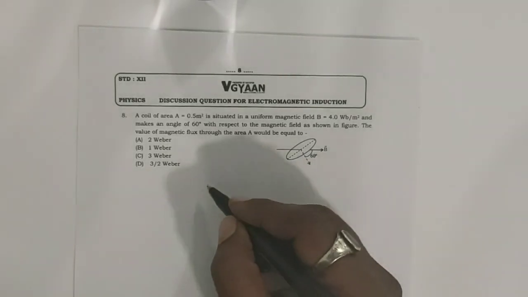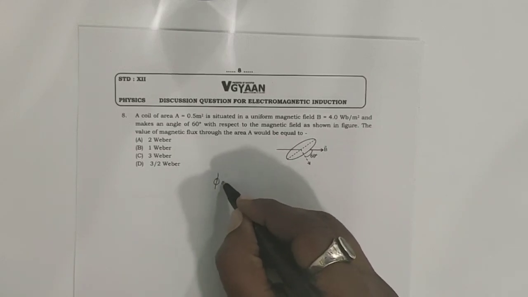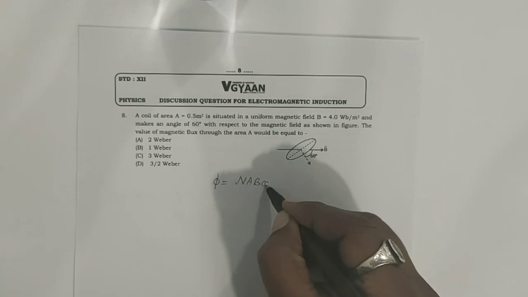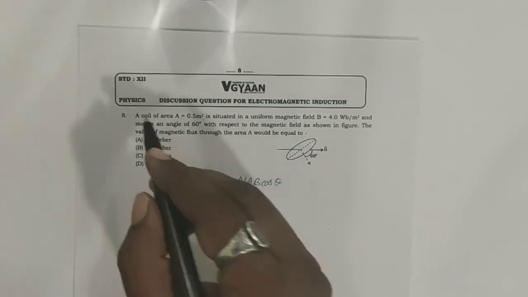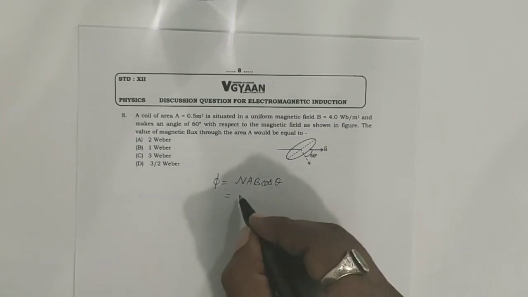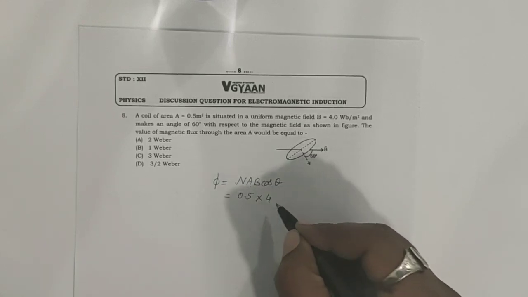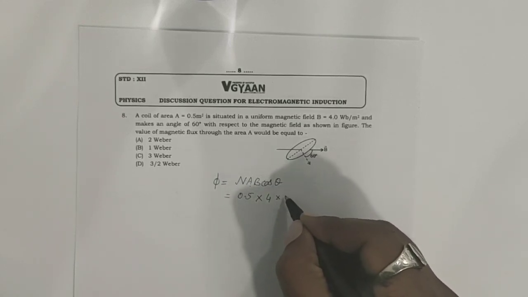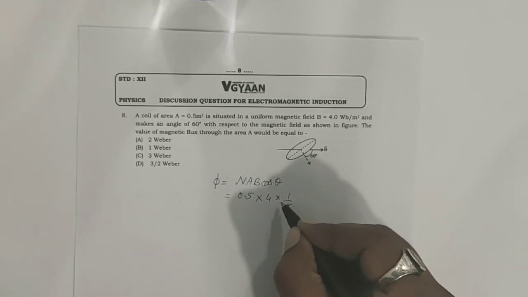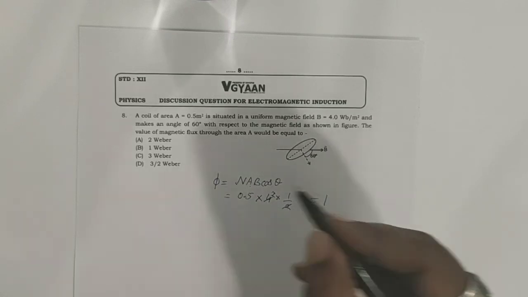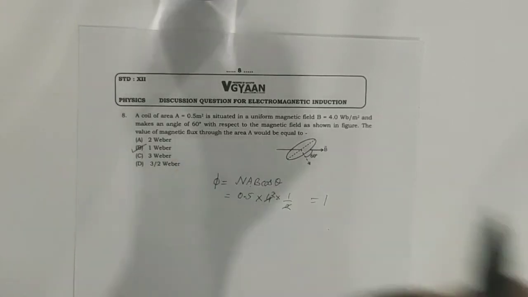The value of magnetic flux through the area would be, by the formula that we have just seen in the last question, N A B cos theta. Now it is a coil, so number of turns is 1. Area of the coil is given as 0.5. Strength of the magnetic field is given as 4 Weber per meter square, and cos 60 is but obvious, half. Half gets cancelled, it's 2 into 0.5 is 1, hence the answer is option B, that's 1 Weber.